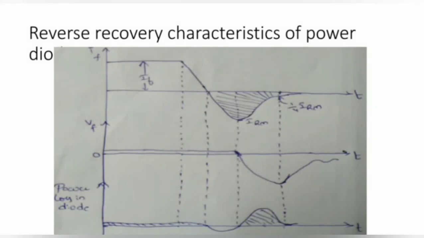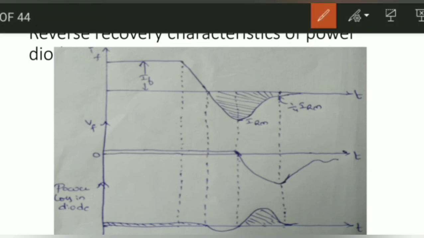For the reverse recovery characteristics, after the forward diode current becomes zero, the diode continues to conduct in the reverse direction because of the presence of stored charges in the depletion region and the semiconductor layers.